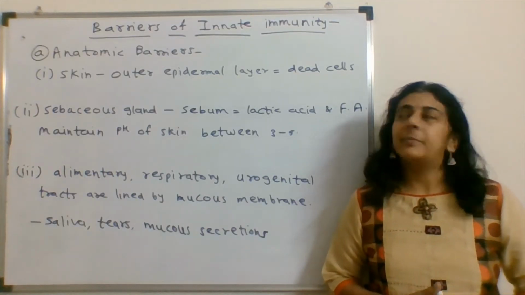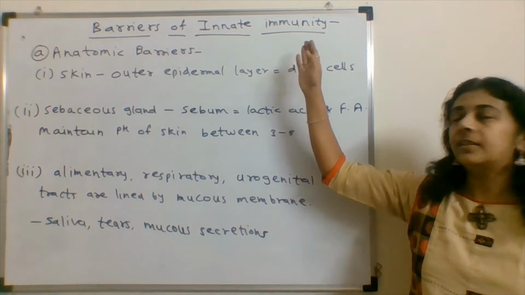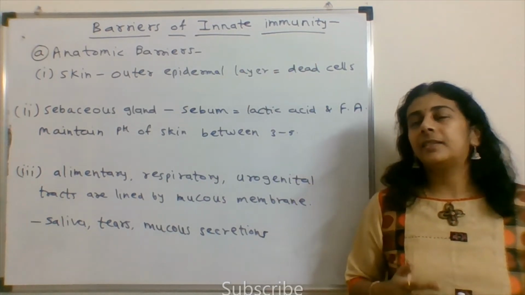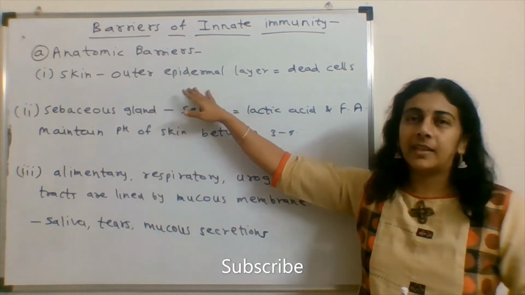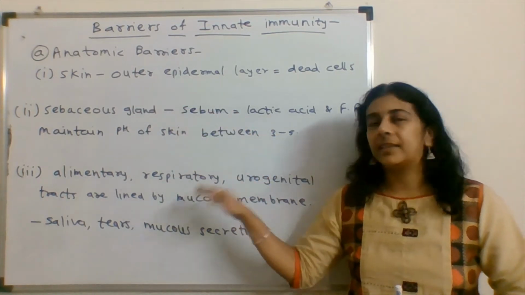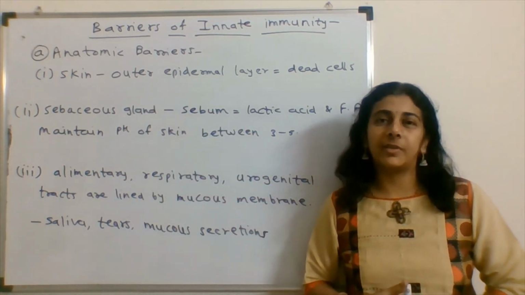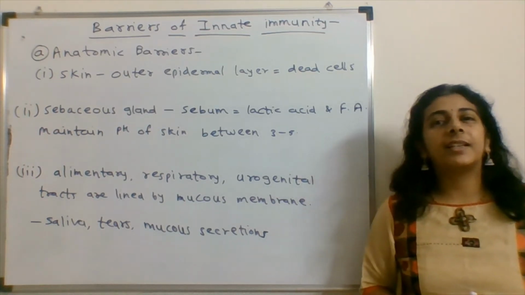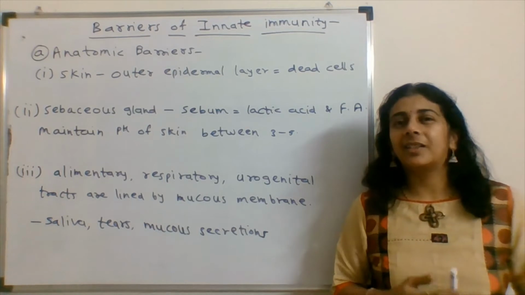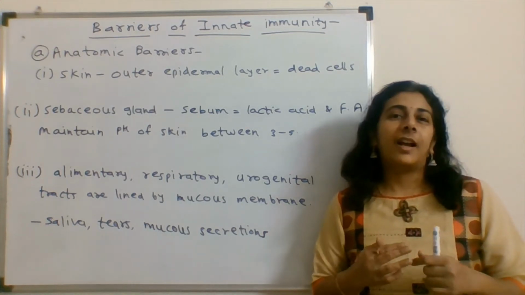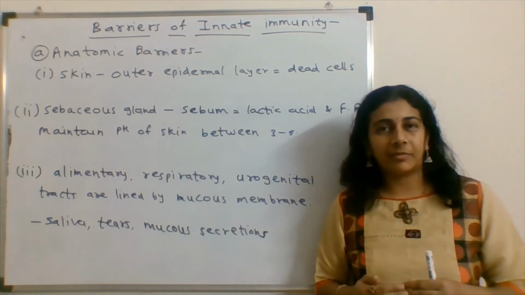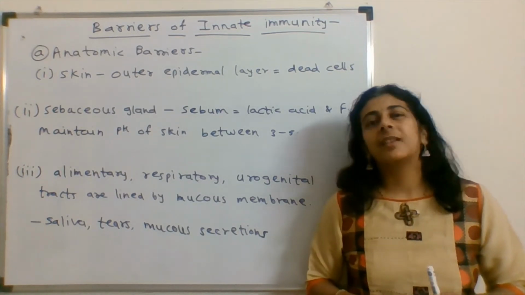So starting with the barriers of innate immunity, first is anatomic barriers. Under this we study skin, sebaceous gland and the mucous layers which are present in the body. As we know, skin is present all over the body, it covers the body, and it is made up of epidermis and dermis.